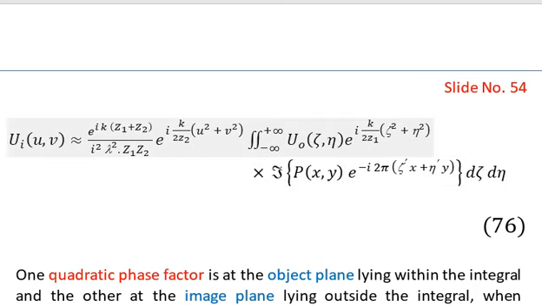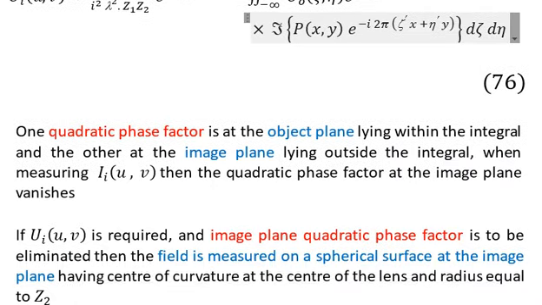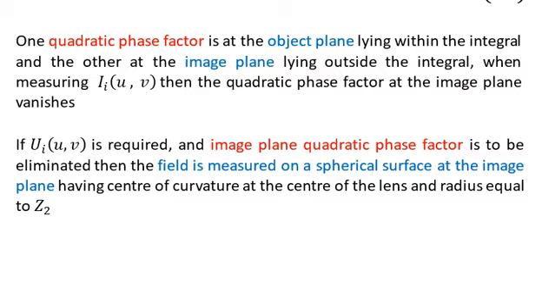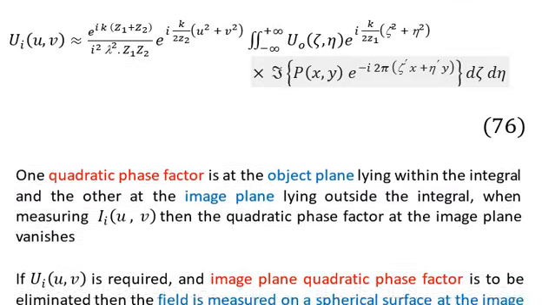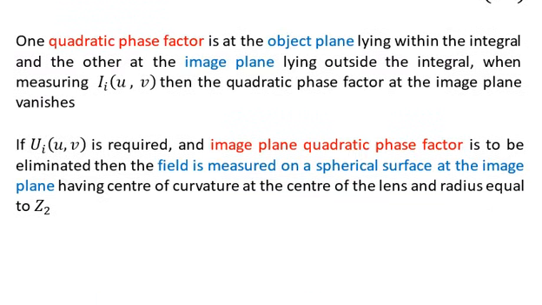One is within the integral containing the terms zeta square plus eta square, related to the input plane, and the other is e to the power iota k over 2 z2 (u square plus v square), related to the output plane. These two quadratic phase factors will vanish from the expression when we consider the intensity I of u comma v from equation number 76.